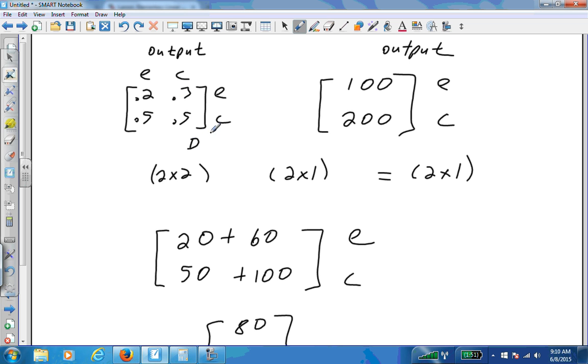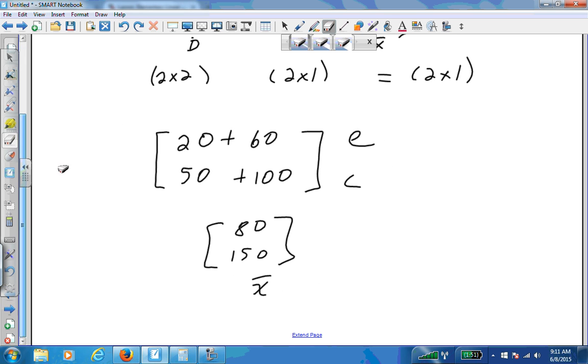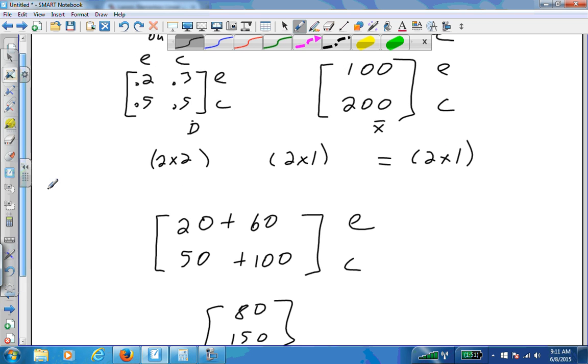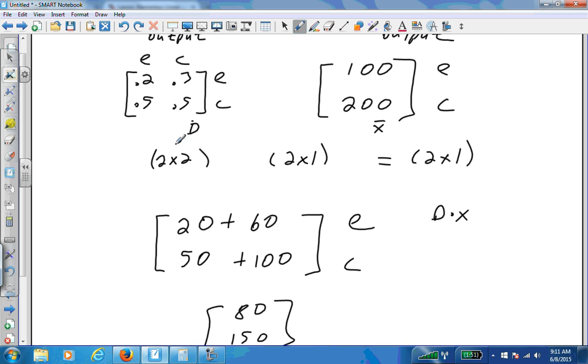Let's call this D. This is our output matrix, X. So to get this requirement, we took D times X. So this times this, so D row 1, column 1 times X1 plus D row 1, column 2 times X2, and that gave us our new amount of electricity.